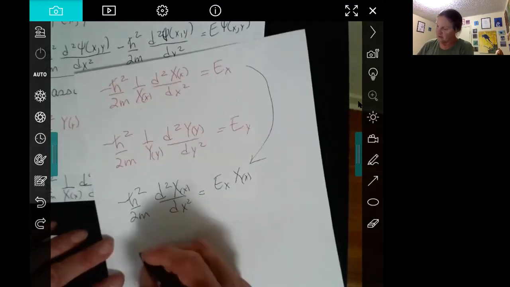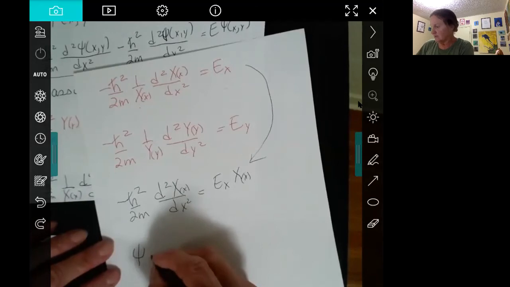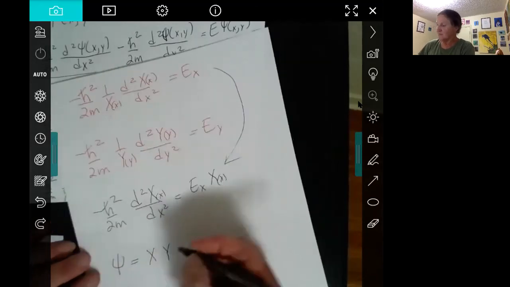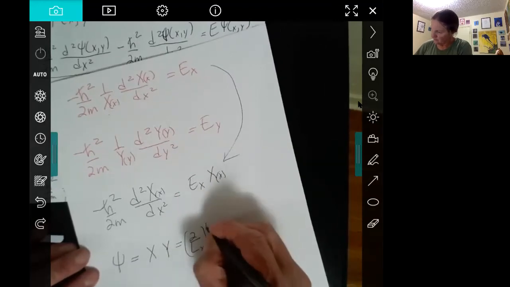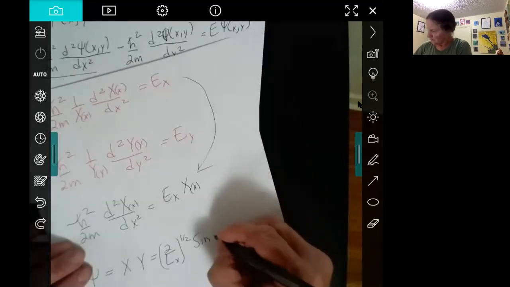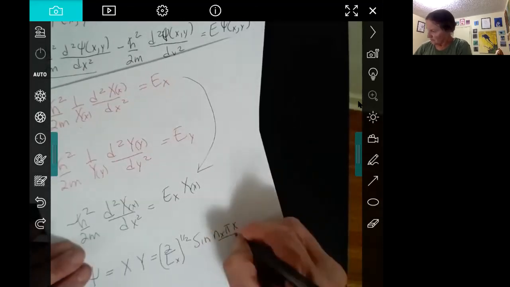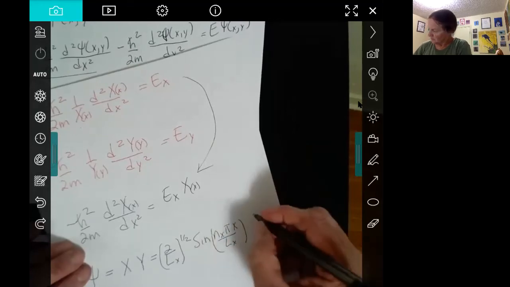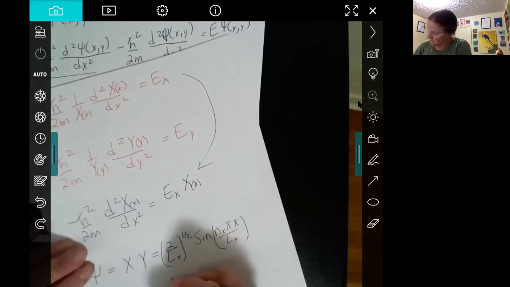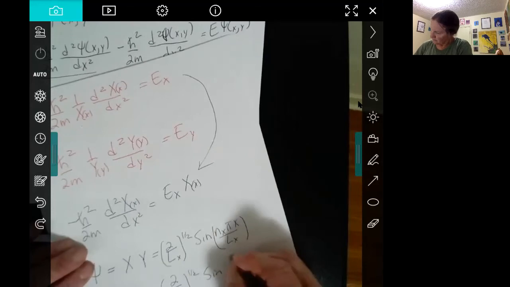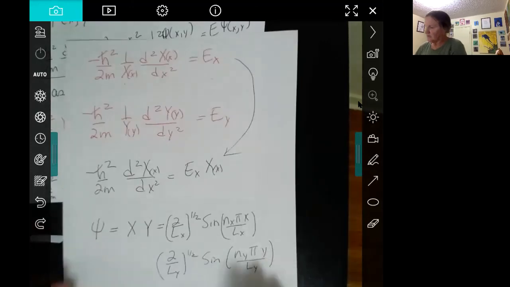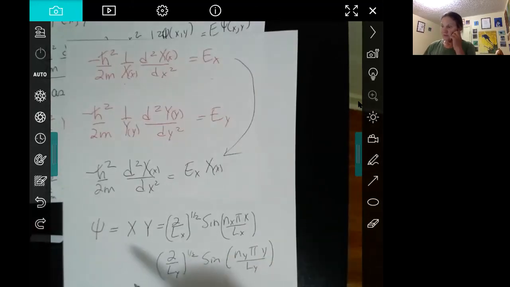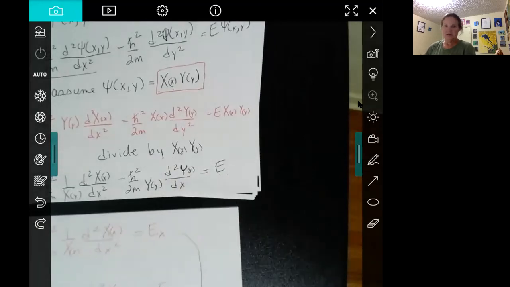So that means that psi is going to be equal to X times Y. So those two multiplied will be the wave function, because that's what we assumed back here, that you could write it as a product.